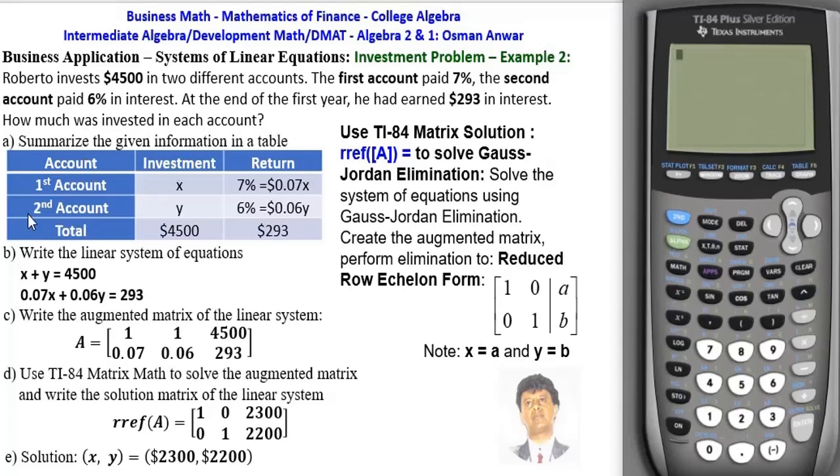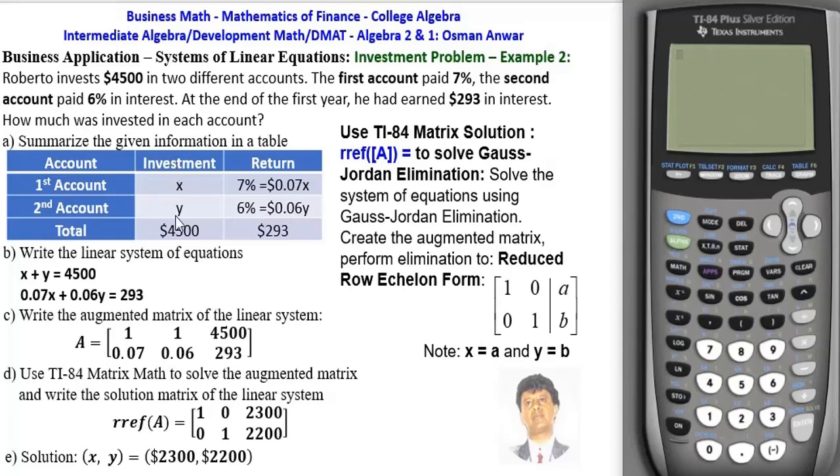Again, summarize first in the table. So account, you have first account, second account. It was invested in the first account X and the second account Y. The first account earned 7%, which is 0.07x, and the second account earned 6%, which is 0.06y.